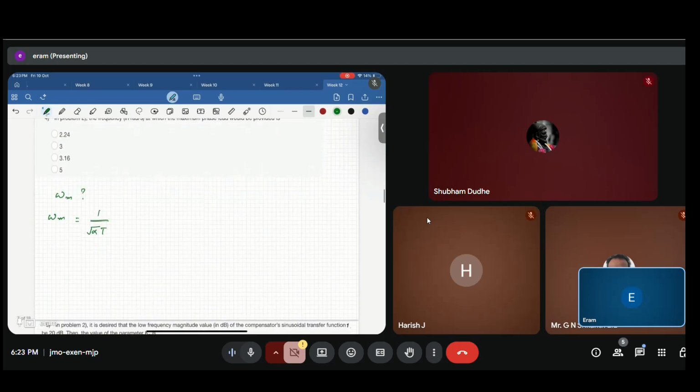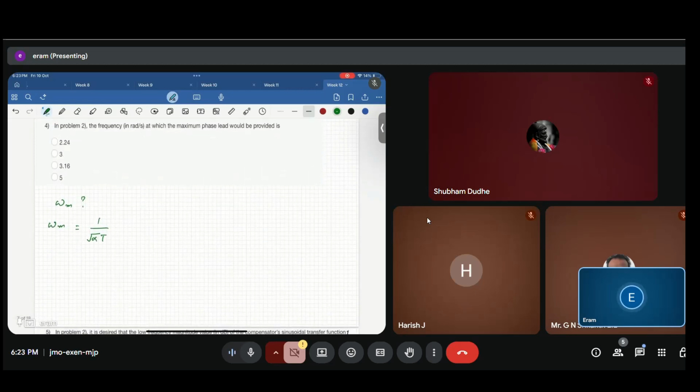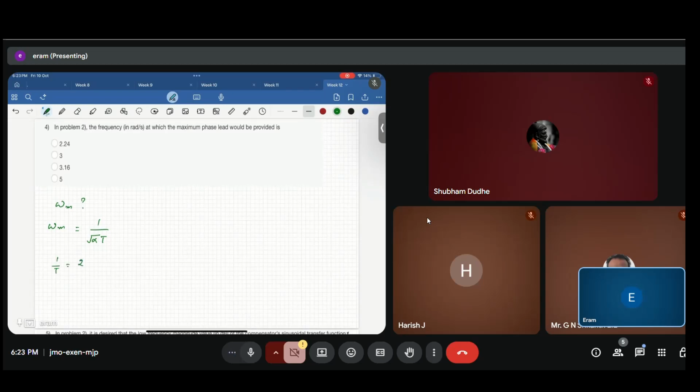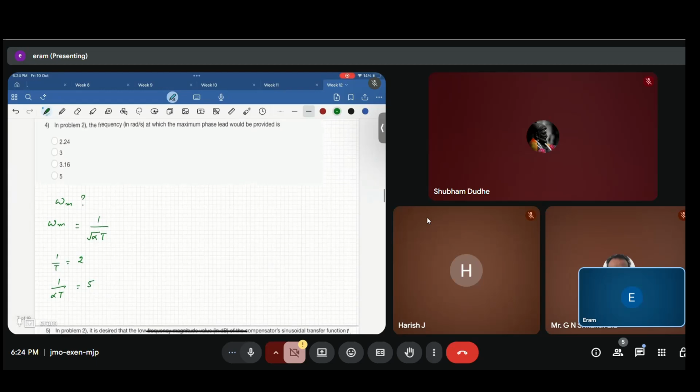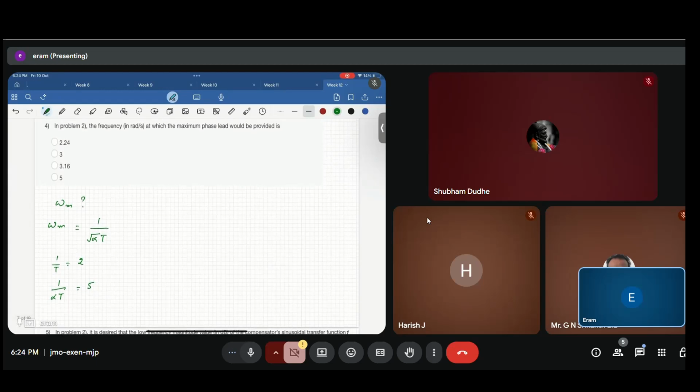Okay. So since we don't have values of alpha and T, what are we given? We are given 1 by T equals 2, and we are given 1 by alpha T equals 5. Okay. So that means if you calculate 1 by square root T, it will be root 2, and 1 by square root alpha T, it will be root 5.